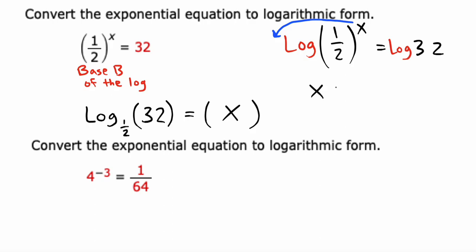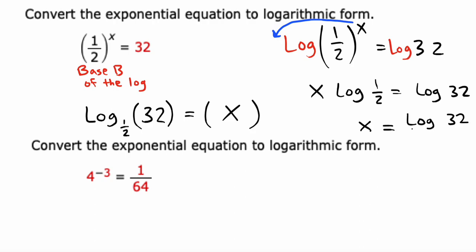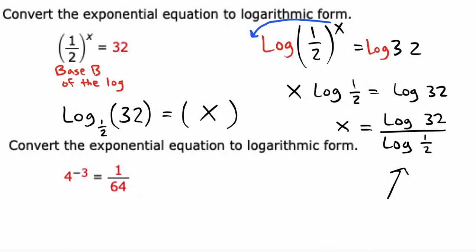And you would get x log 1/2 equals log 32. And so you could solve it then by doing a division. But you can see that this is equivalent to that according to the change of base formula. That's correct, yeah.